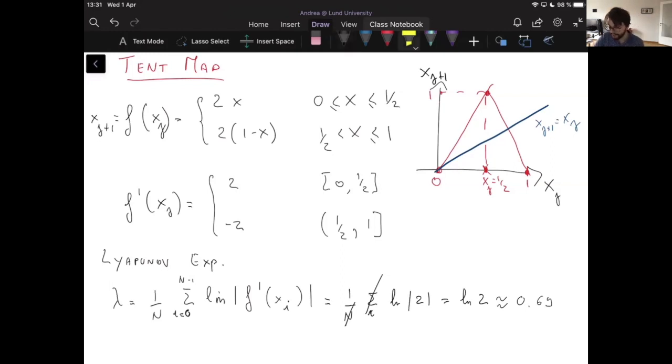If you reach 1/2, then from 1/2 it will go to 1, and from 1 it will go to 0, and then it will stay there forever. But also there will be some solution at some point on this line that will go between these two points forever, oscillating here. So you just have to find the right numbers.